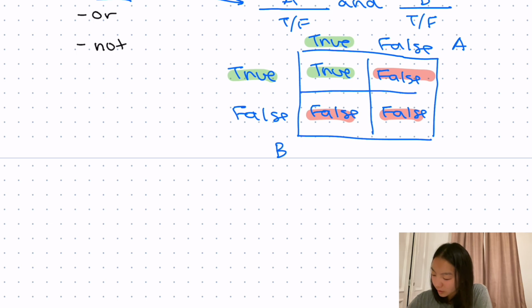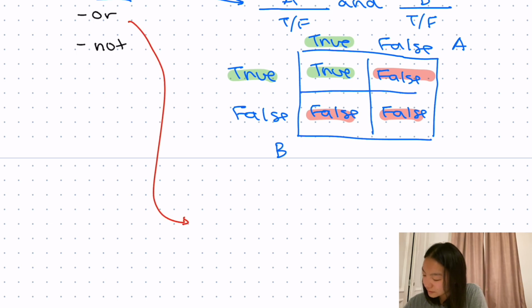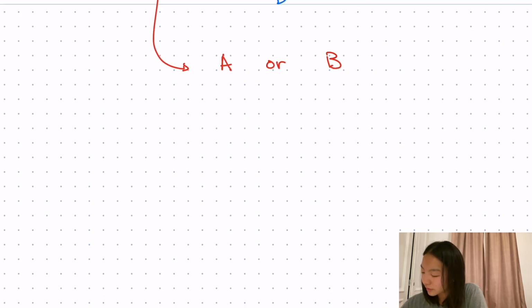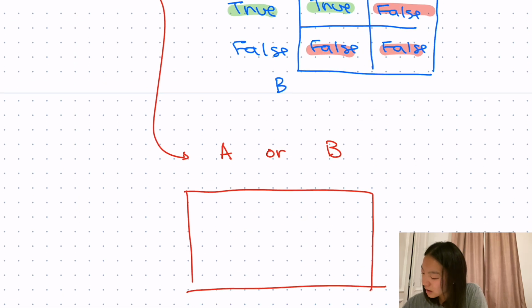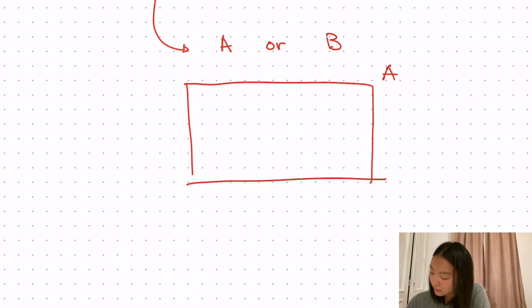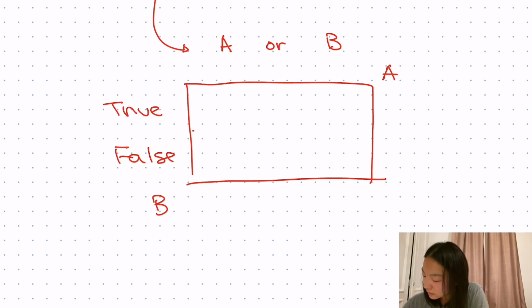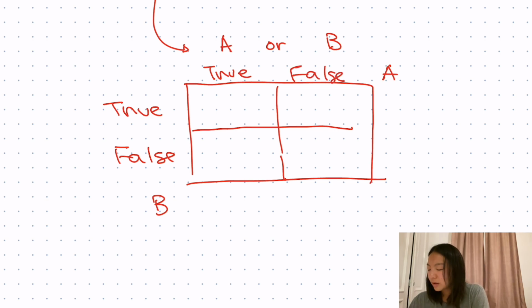Well, for or, let's say now this is A or B. Let's draw out the chart for that. Okay, so this is A up here at the top. This column is B. So here, B is true, B is false, A true and A false.